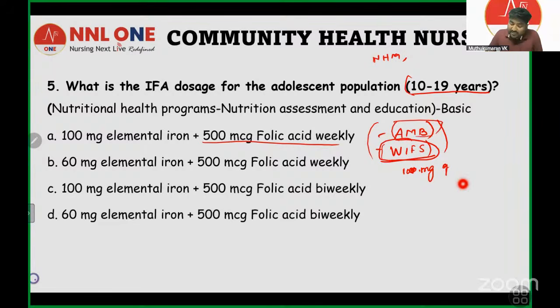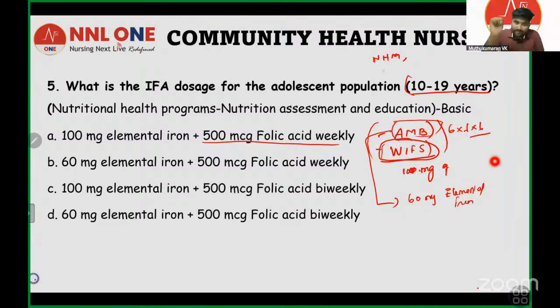As per the Anemia Mukt Bharat program, we are following the 6 into 6 into 6 strategy. Here, Anemia Mukt Bharat says we have to give 60 mg of elemental iron and 500 mcg of folic acid, that is weekly. So what is the question? What is the confusion here?